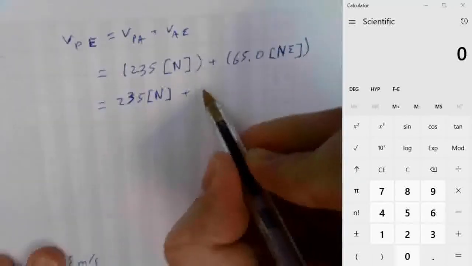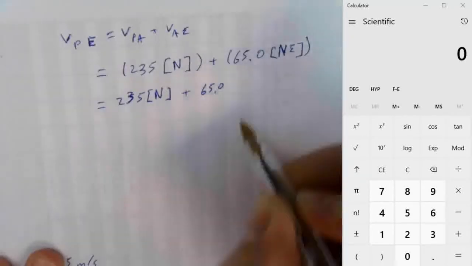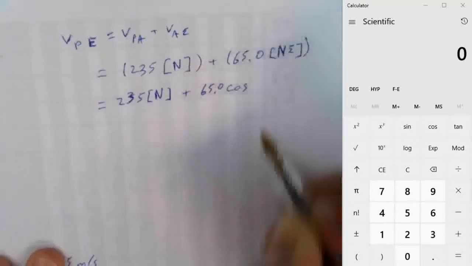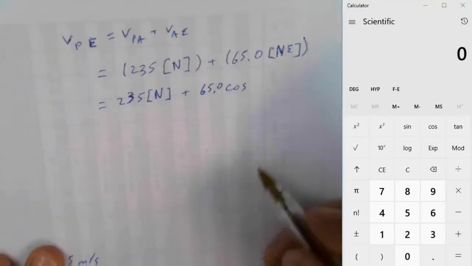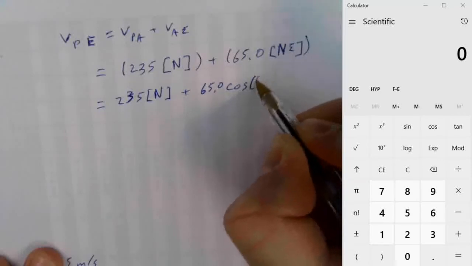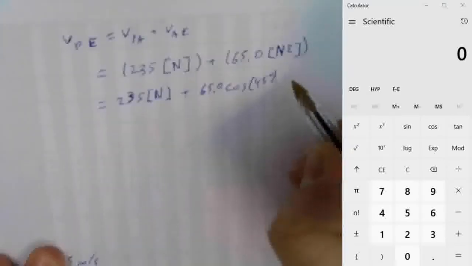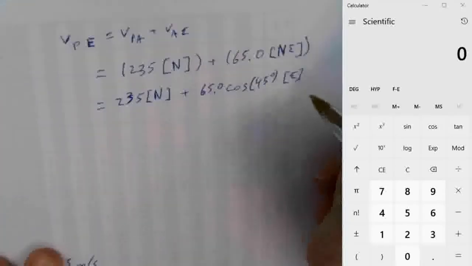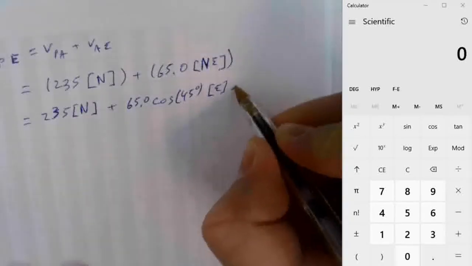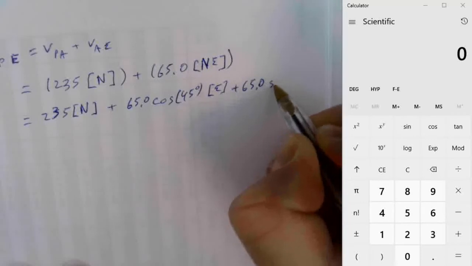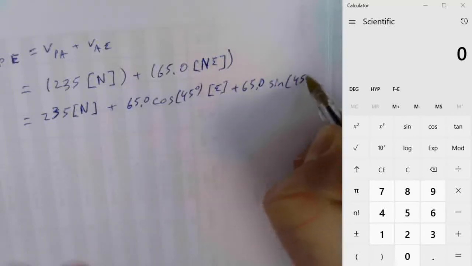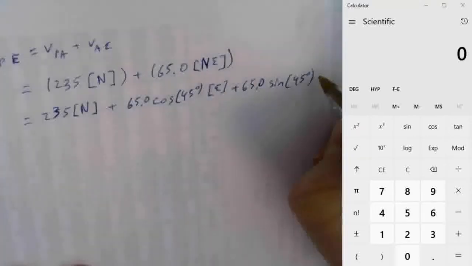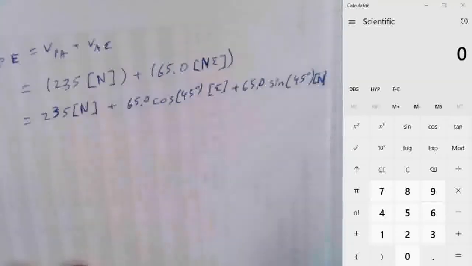So usually, right, the x component would be cosine of 45 degrees. That's going to be our east direction, and our sine gives us our vertical, which would be our north direction here. These two values will end up being the same.